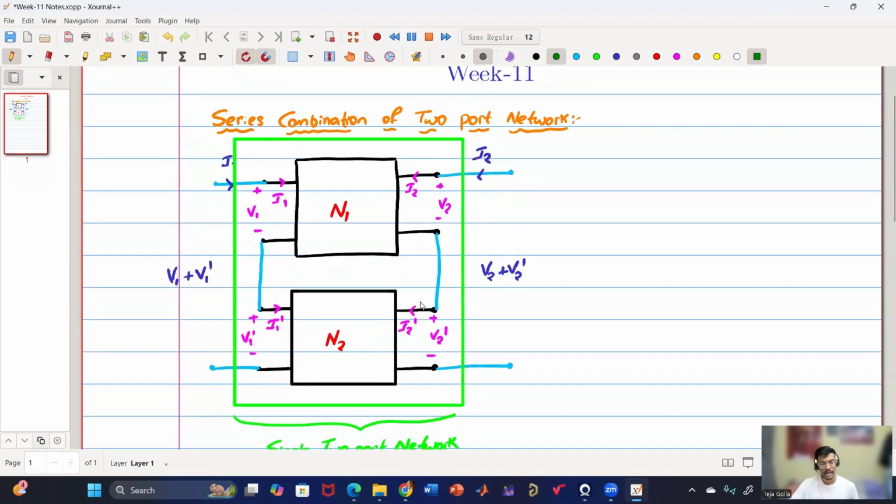So any idea which parameters could be useful in this scenario? Because we have four parameters, Y, Z, H, as well as T. So in this scenario, which parameters will be helpful? Anyone, any idea? Did you understand the question? What we are trying to do?